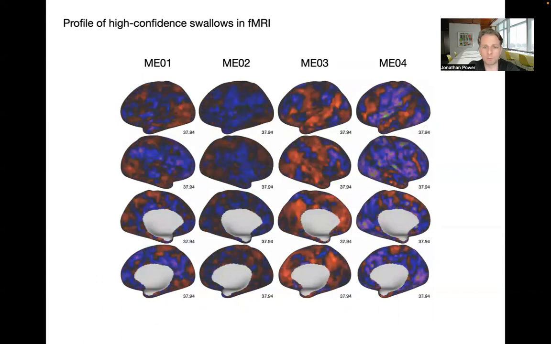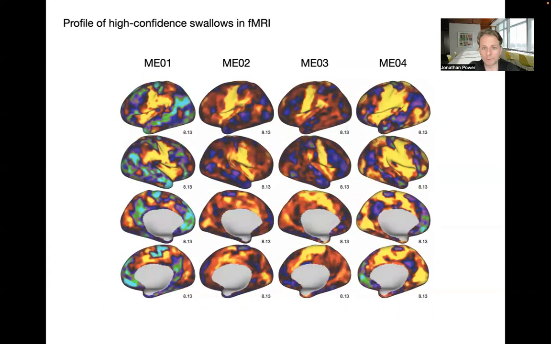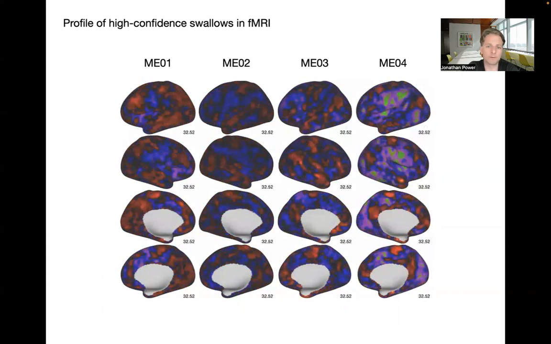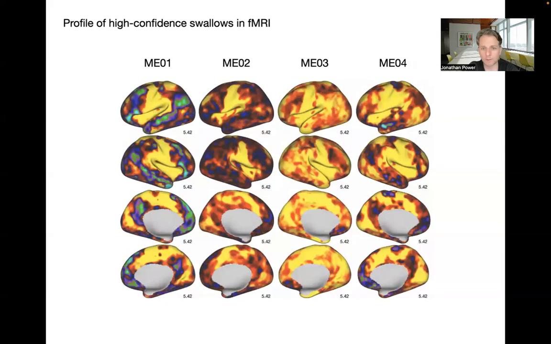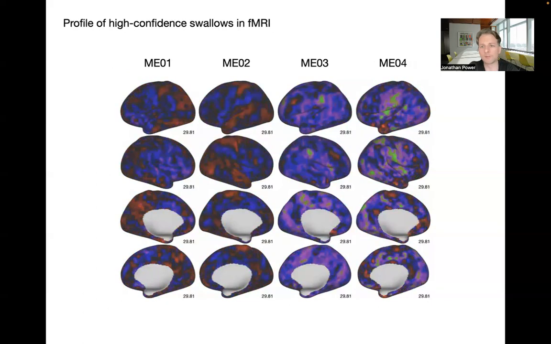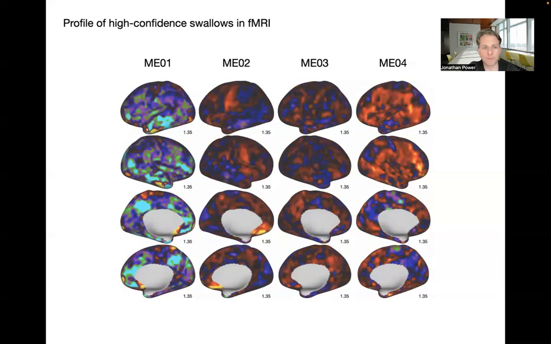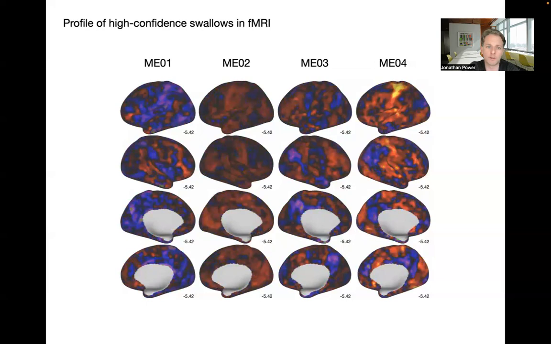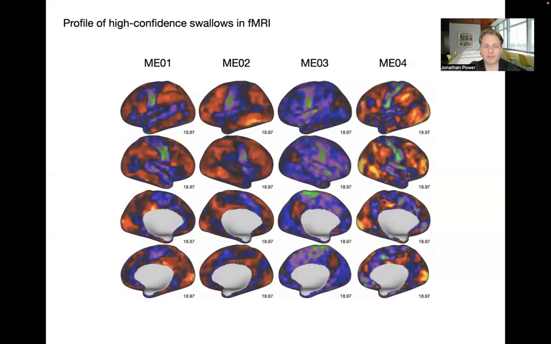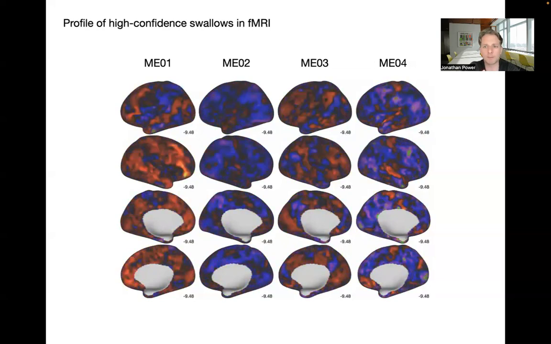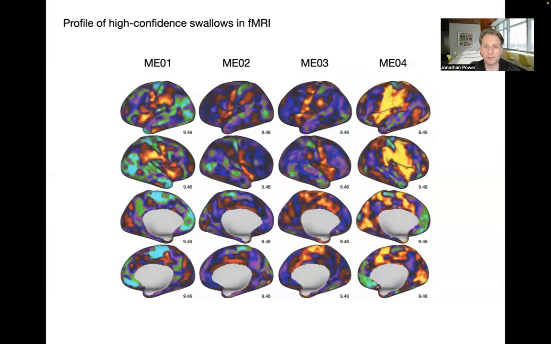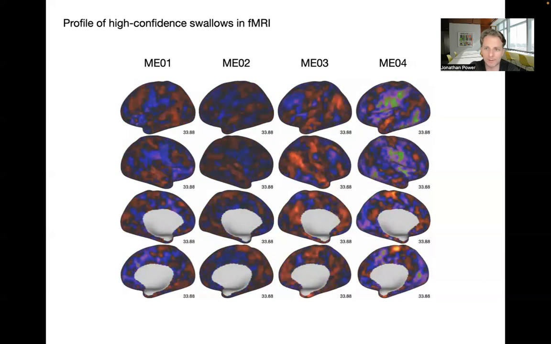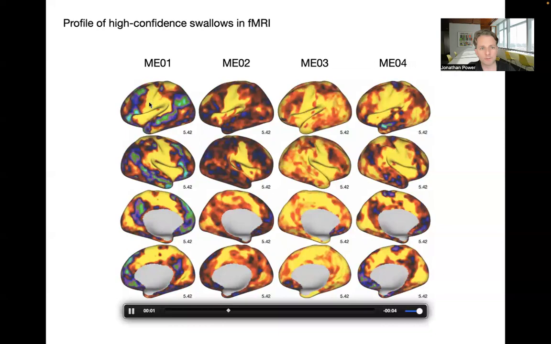If we look at the brain profiles, so the fMRI profiles of dozens to 100 swallows in each person, this is just like a time-locked average. And we're cycling over and over and over through about a 30-second video. You can see that everybody's got about the same timing and about the same location of the initial activation, and that's here in ventral sensory motor.